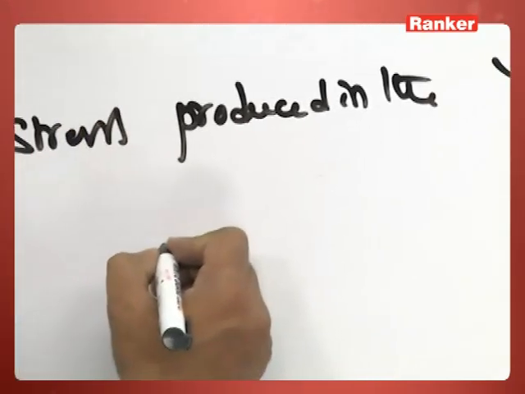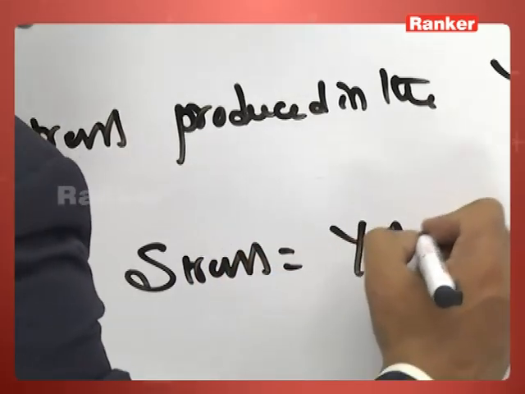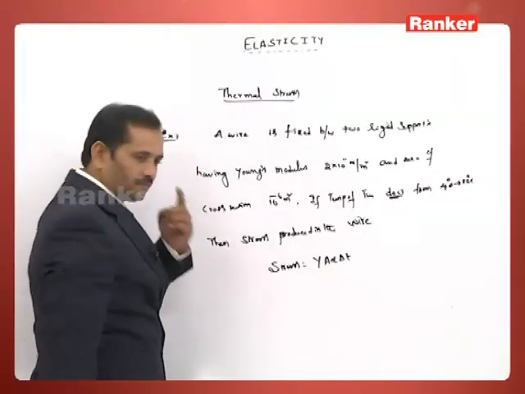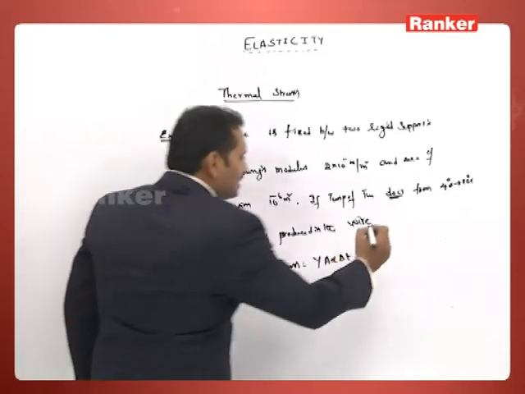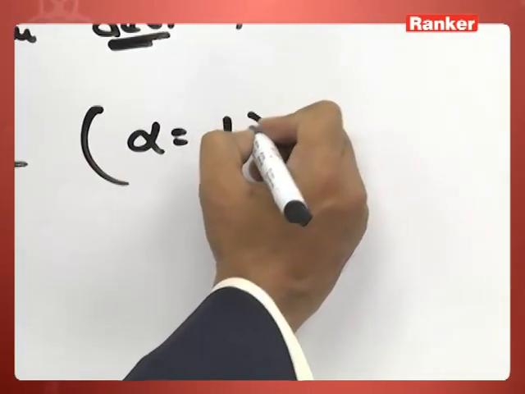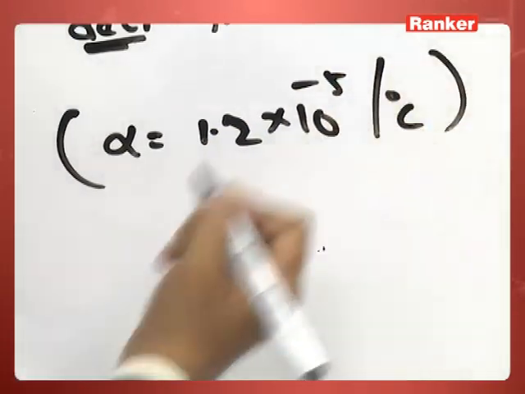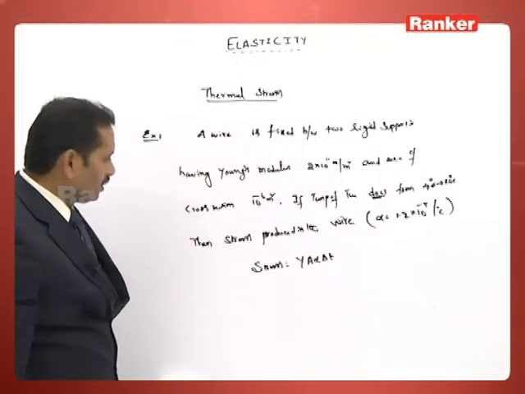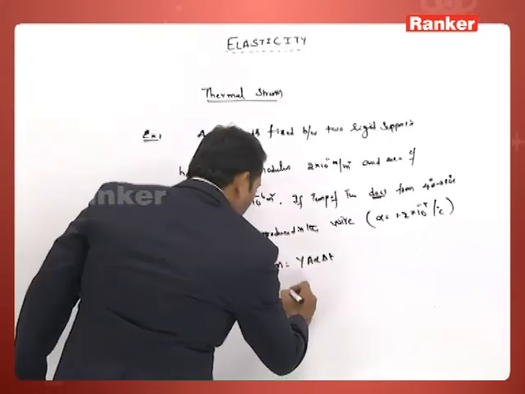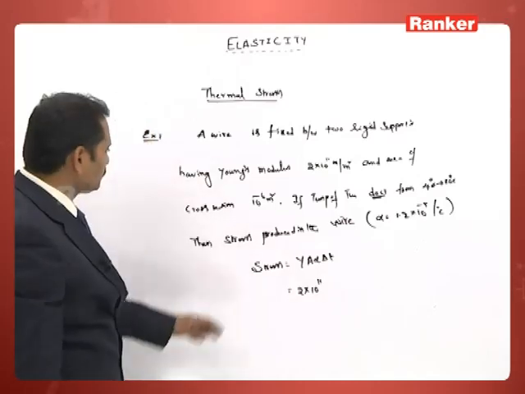Just now I calculated stress equal to Y alpha delta T. In this case, they will give you alpha of the material, let it be 1.2 into 10 power minus 5 per degree Celsius. Y equal to 2 into 10 power 11 Newton per meter square.